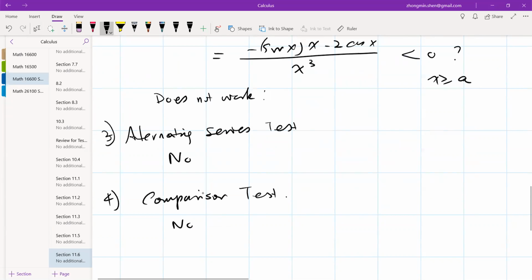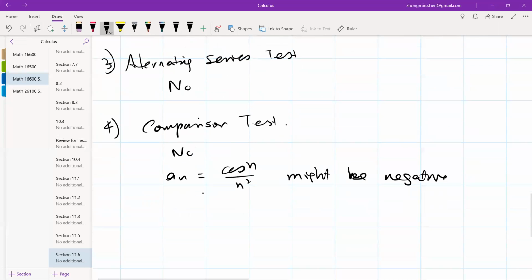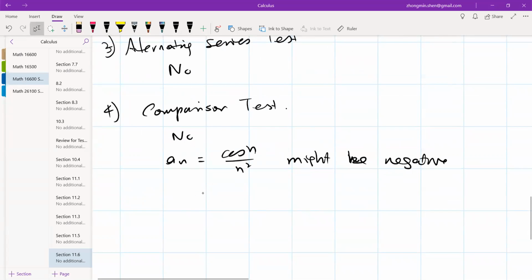The reason is the n-th term, cosine n, might be negative. If you want to use a comparison test, all the terms must be positive. Remember, right? Then you can compare. Cosine could be negative. So they're all not working, right?